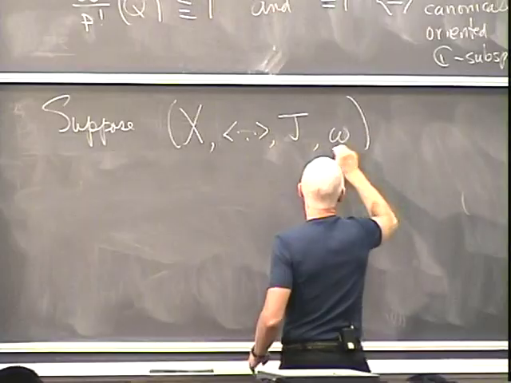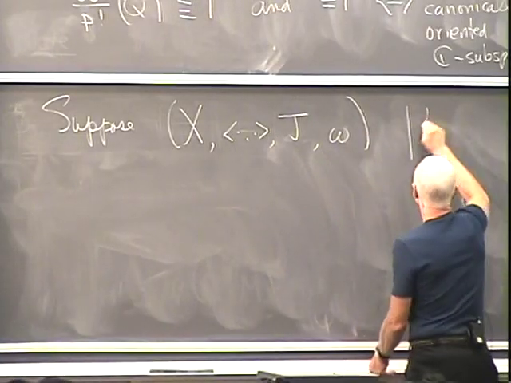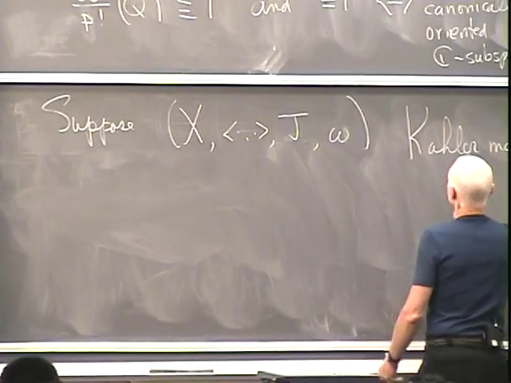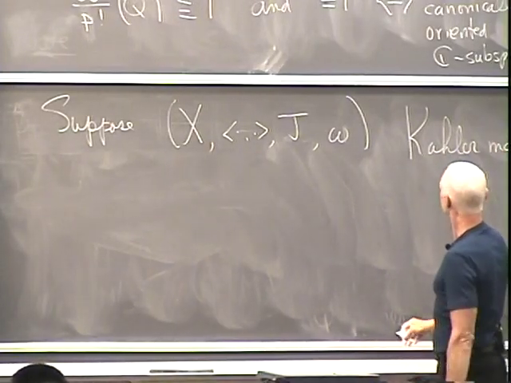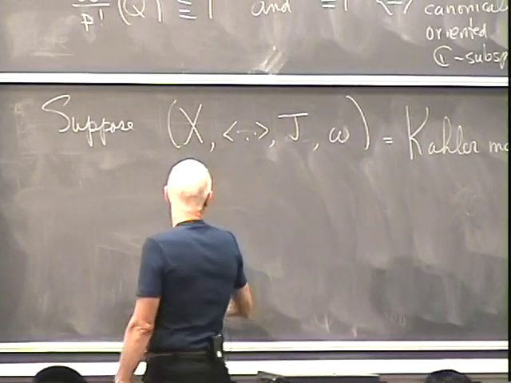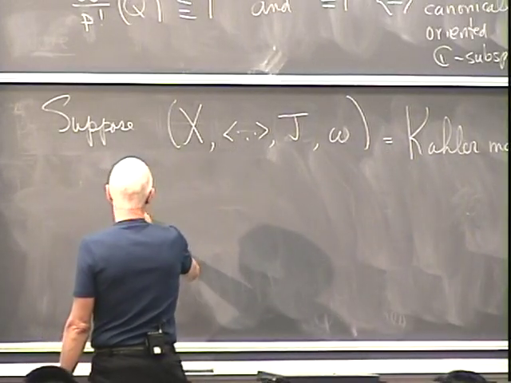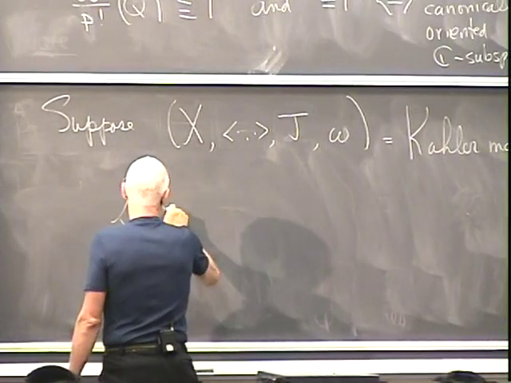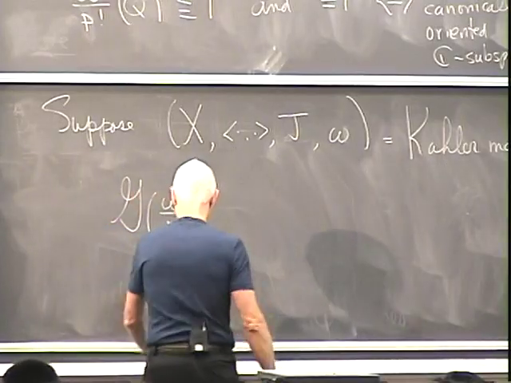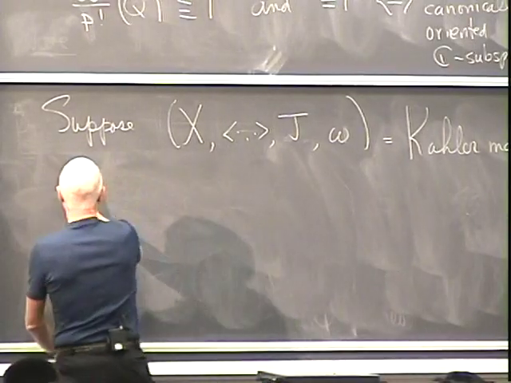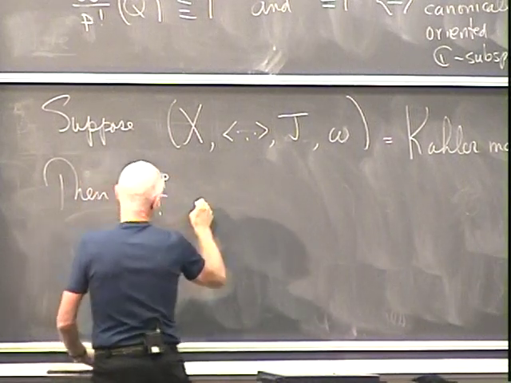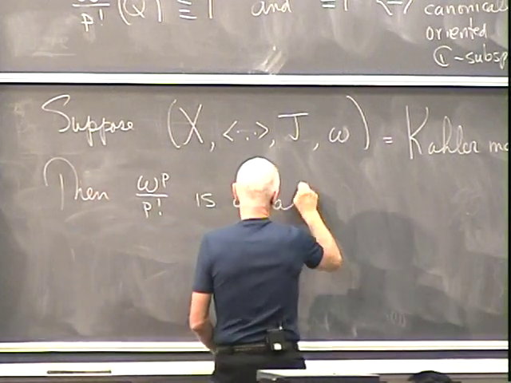So this is a Kähler manifold. Then you see that if I take the pth power of the Kähler form divided by p factorial, this is a calibration. Omega to the p over p factorial is a calibration.